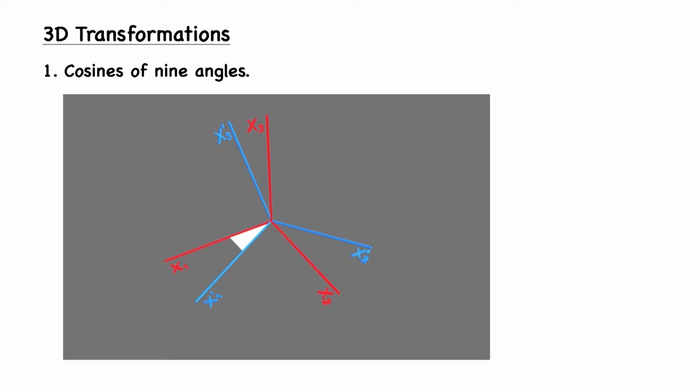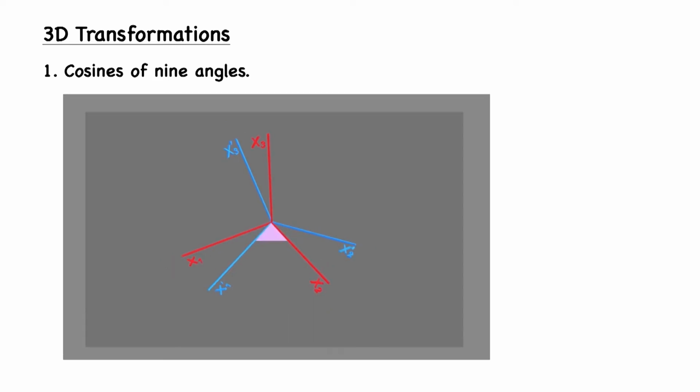Here, k is shown as the red frame of reference and k dash as the blue. None of the axes are coincident, hence there are 9 angles to consider as follows. Starting with x-1, we'll have the angle between x-1 and x1, between x-1 and x2, and between x-1 and x3.